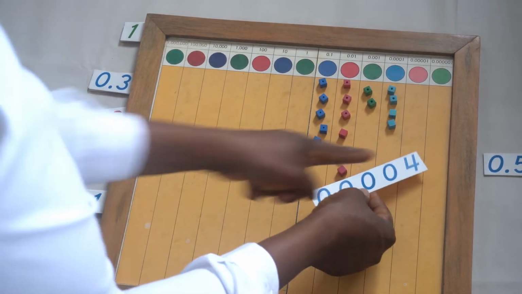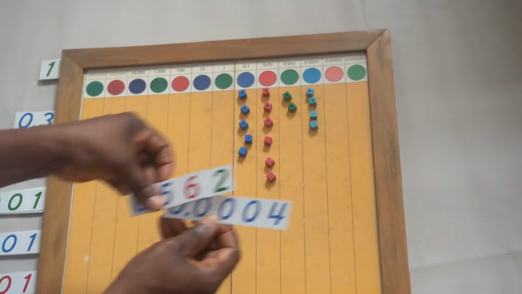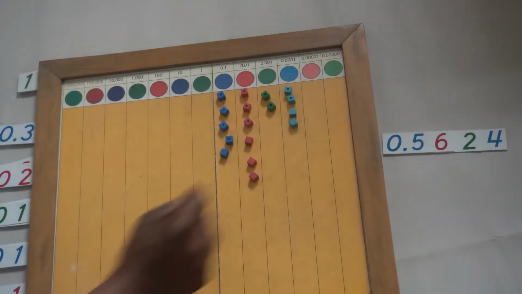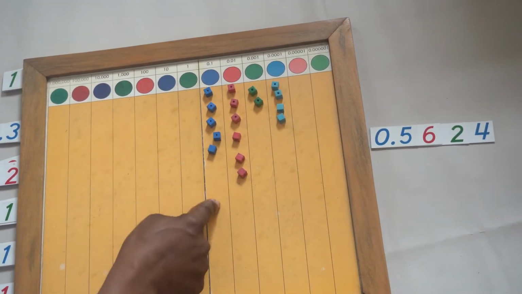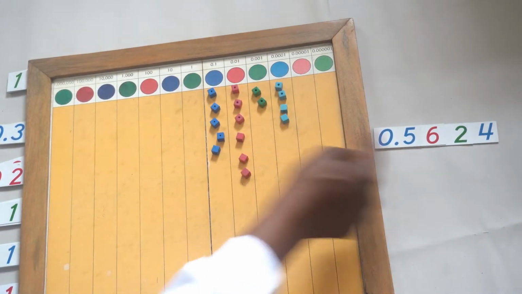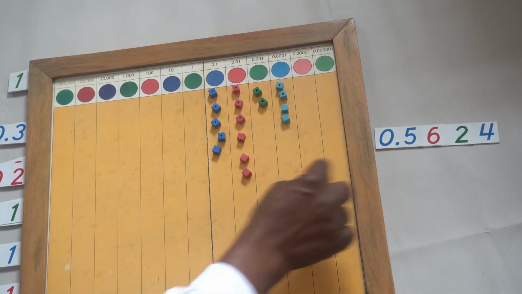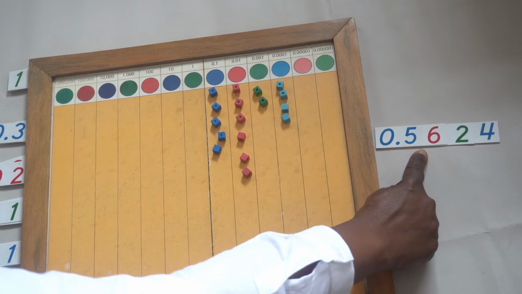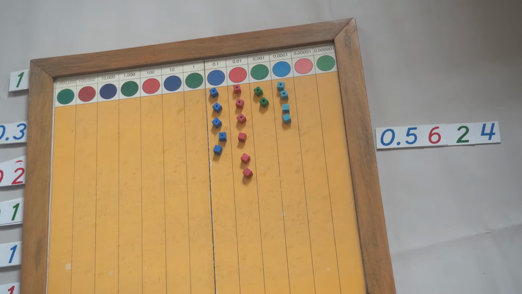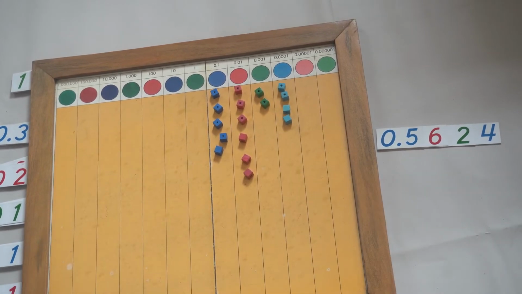So this shows me 4 ten thousandths. You can see the 5 tenths, the 6 hundredths, the 2 thousandths, and the 4 ten thousandths. So what I have here is 5,624 ten thousandths.